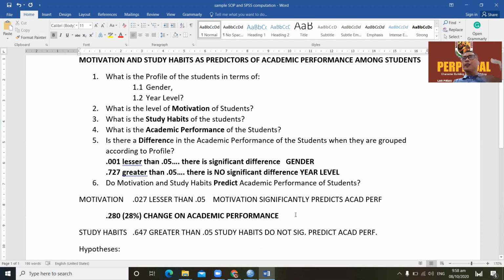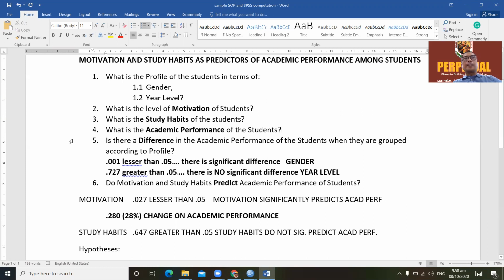Okay? So let's summarize everything. With regards to profile, we already determined that there are more females compared to males. In the year level, it varies. In the level of motivation, we answered that through the mean. Study habits, answered through the mean, including the academic performance. We already answered which is the minimum and which is the maximum score.